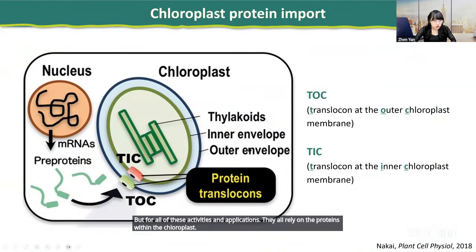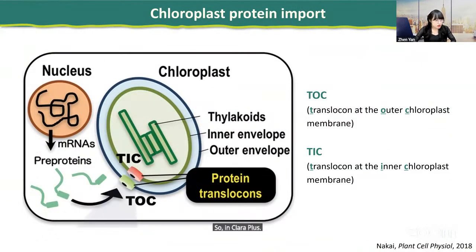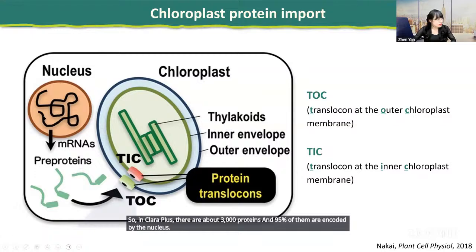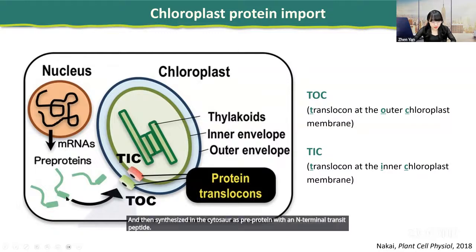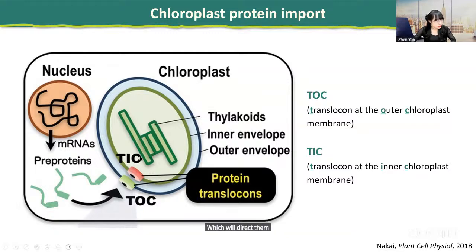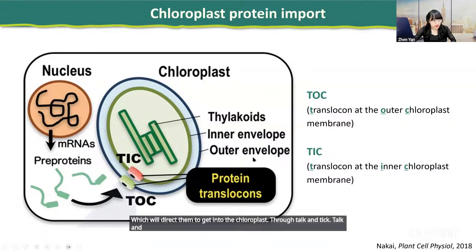In chloroplast, there are about 3,000 proteins, and 95% of them are encoded by the nucleus and then synthesized in the cytosol as preproteins with an N-terminal transit peptide, which directs them into the chloroplast through TOC and TIC. TOC and TIC are the translocons at the outer chloroplast membrane and the inner chloroplast membrane.